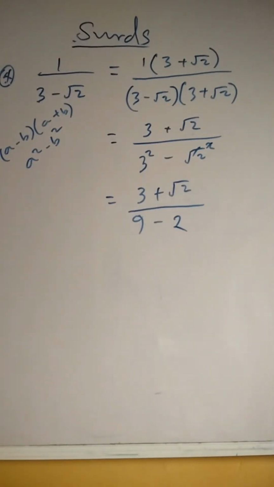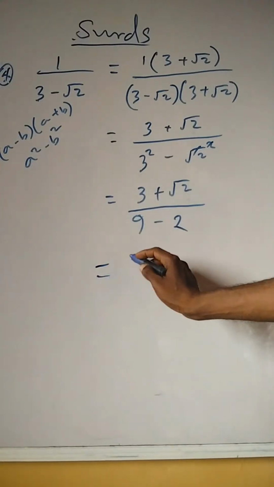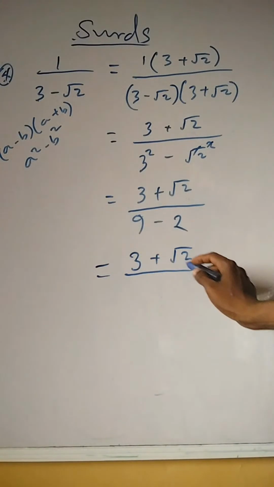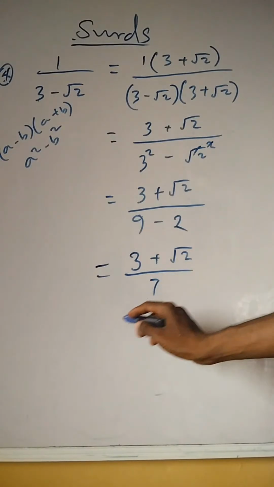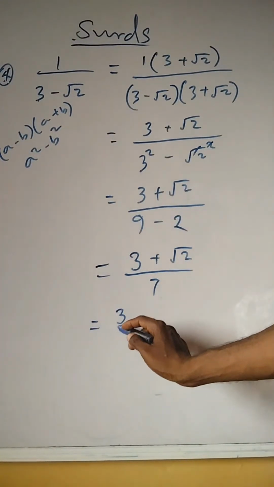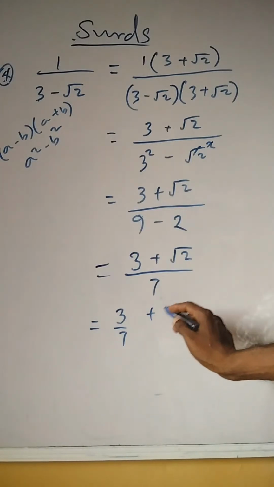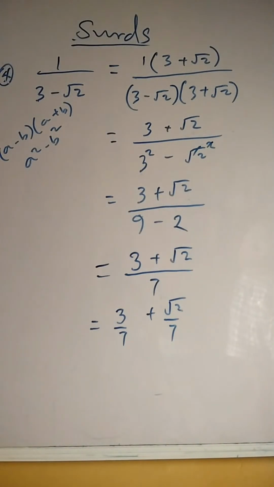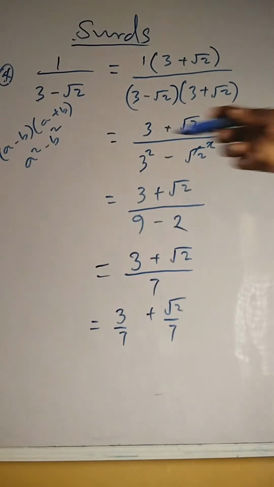And also, this becomes 3 plus root 2 over 9 minus 2, that's 7. We can as well separate this and we have 3 over 7 plus root 2 over 7. Okay? So it depends on how we want our final answer to be. So that is the simplified form of this given problem.